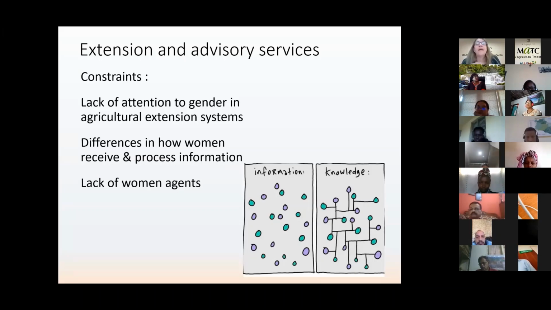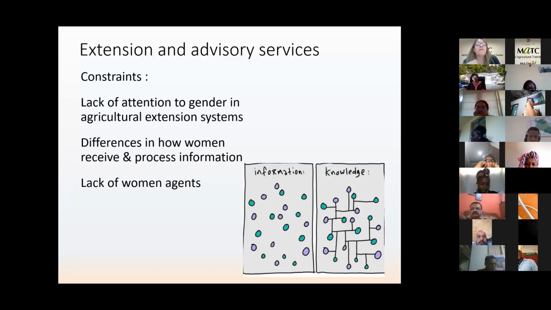And in fact, the person who needs to implement the action is the woman in the family. And so sometimes the husband then goes and tries to explain what he learned to the wife, who needs to go and implement it. And a lot of the information gets lost on the way.